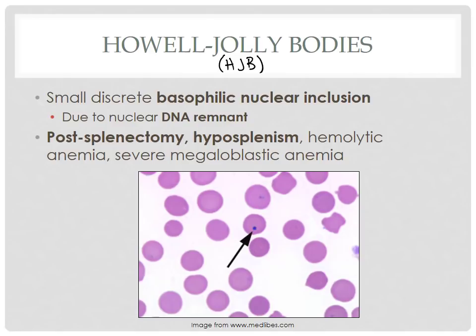So you're going to have more immature red blood cells, which are more likely to have the Howell-Jolly bodies. And in severe cases, there are so many immature cells that the spleen can't keep up, and it can't clear all those bad cells. And a great example down here of here's the inclusion and here's the cell that has it. So you can see that basophilic nuclear inclusion, which is made of DNA, in the photo here.